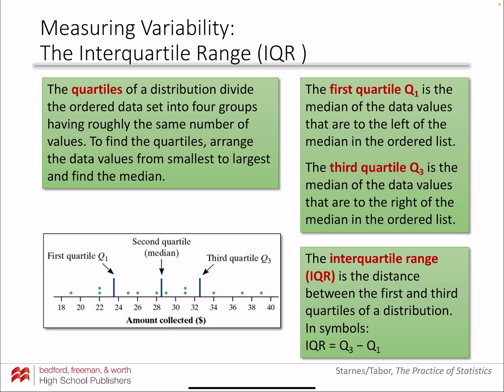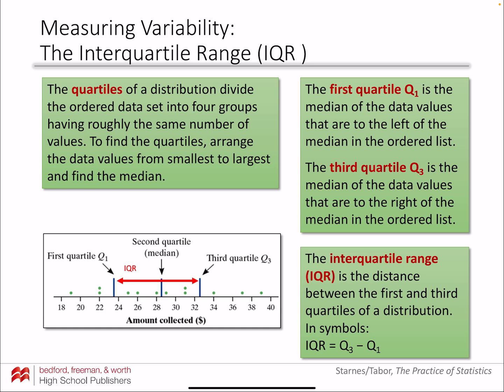Now, that middle bunch of students that you were telling your mom about, we call that the interquartile range. It's the distance from Q1 to Q3. Mathematically, we just subtract Q3 minus Q1, and we get a number. And that number is the interquartile range.